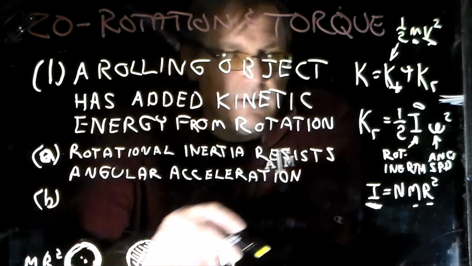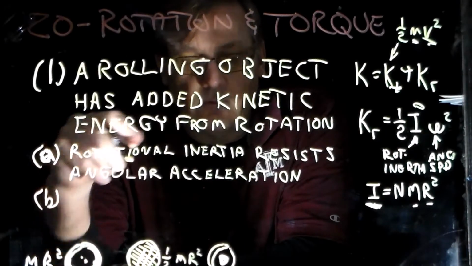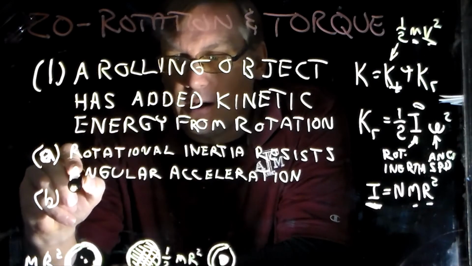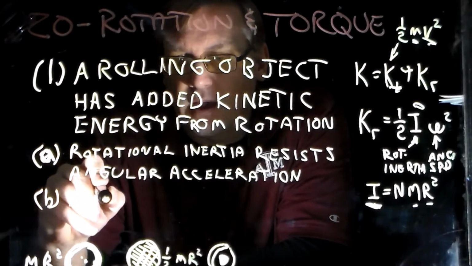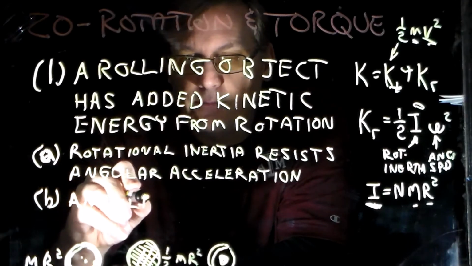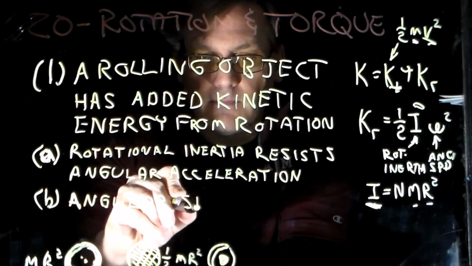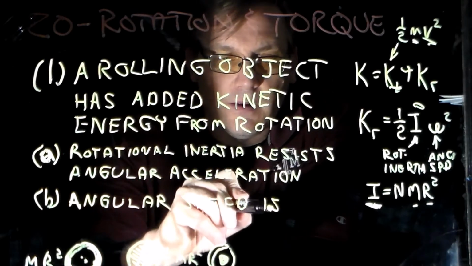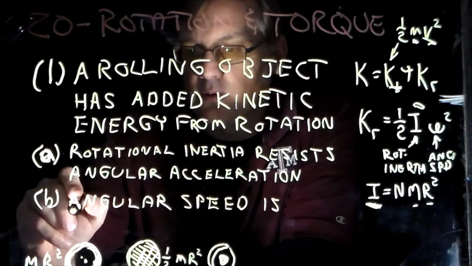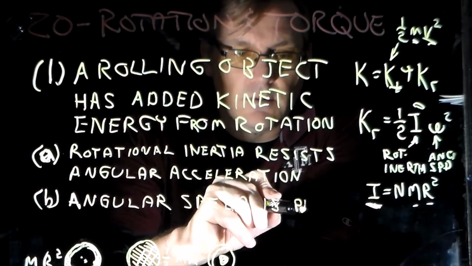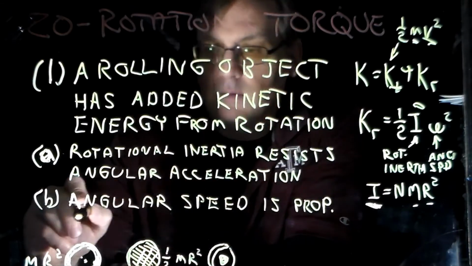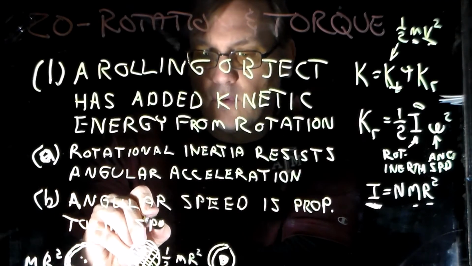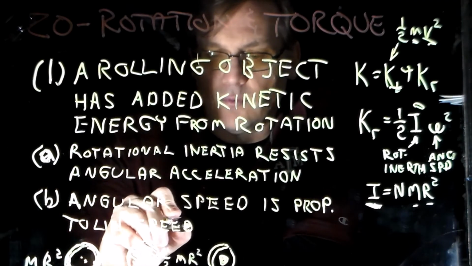Now we have to relate the angular speed. I don't remember if we did this before, but we probably didn't spend too much time on it. The angular speed is proportional to the linear speed for a rolling object.